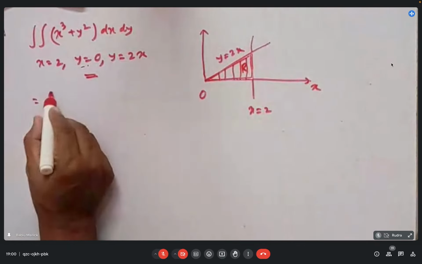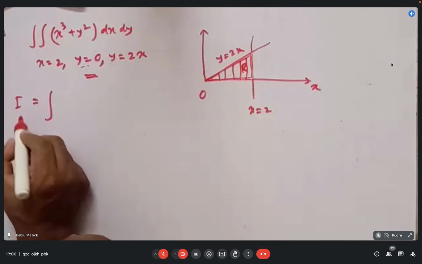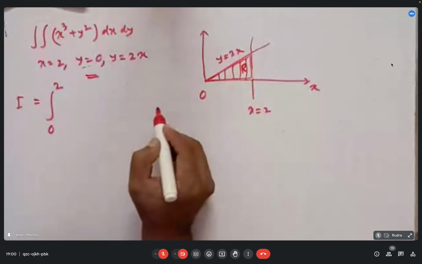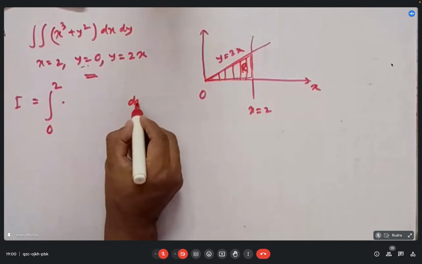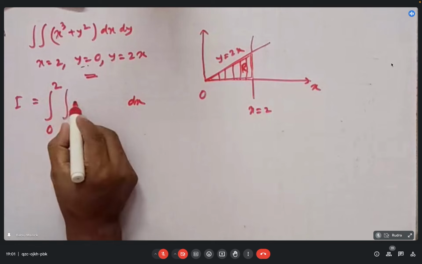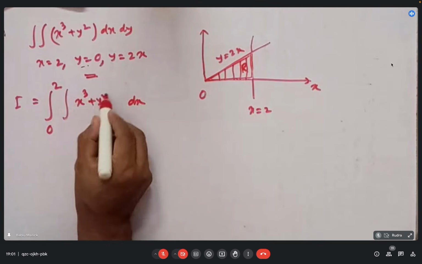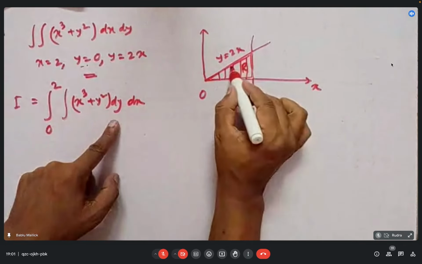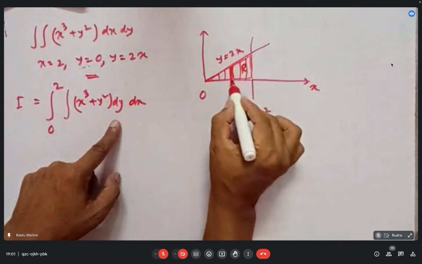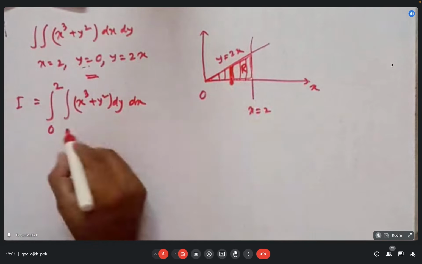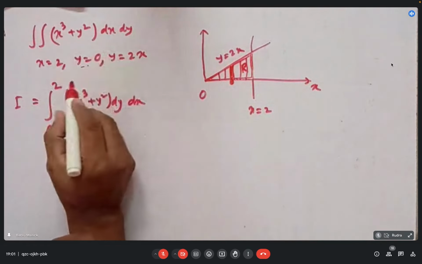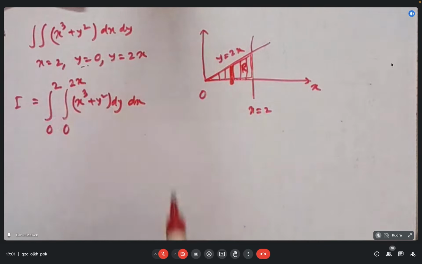Here the complete limit of x will be 0 to 2, dx, and then the integral of x cube plus y square dy, and this will be the strip. Its lower limit is on the x-axis, so y is 0, and the upper limit is y equal to 2x.